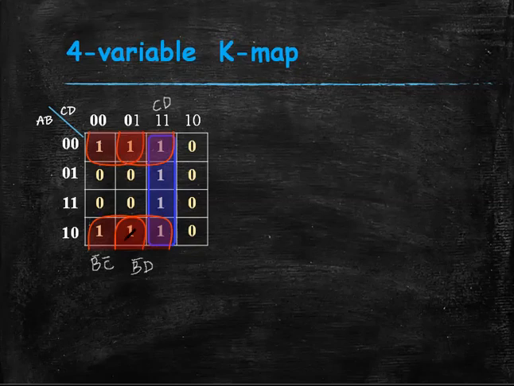When moving downward, B bar remains constant. Then look at the result. Y is the sum of B bar C bar, CD, and B bar D. Okay.